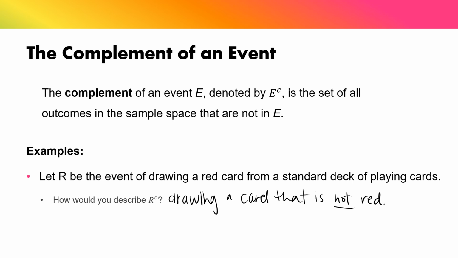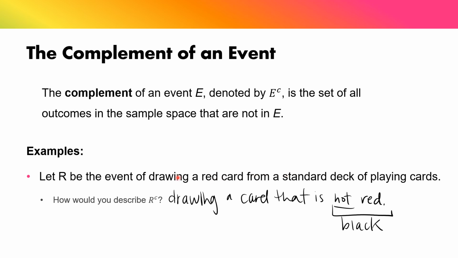In a standard deck the cards are either red or black, so you could also word this as drawing a card that is black. Either way, the complement would be drawing a card that is not red, or just drawing a card that is black.